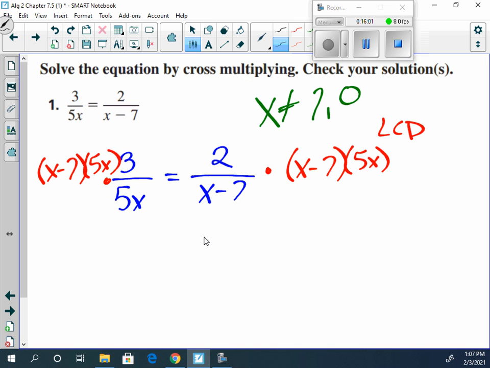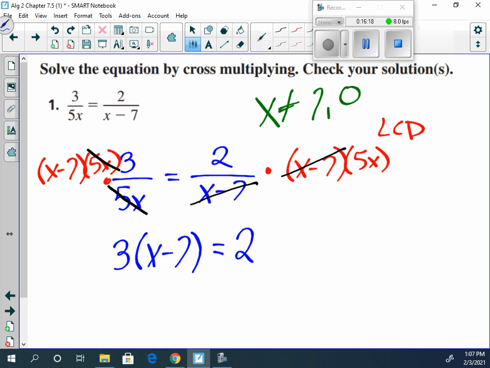Now on the left-hand side, the 5x and 5x will simplify. On the right-hand side, the x minus 7 and x minus 7 will simplify out. And what that leaves us with is 3 times x minus 7 is equal to 2 times 5x. And that is what we are left with.